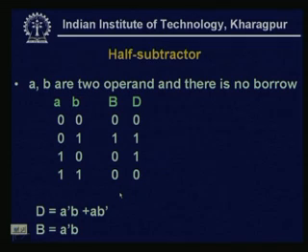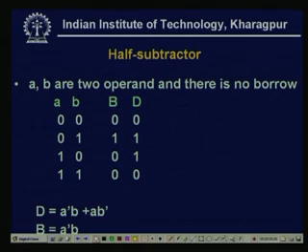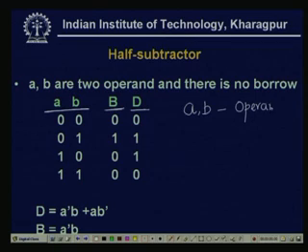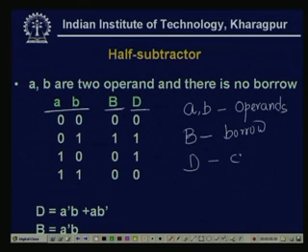So, what we have just now read, if I write it in truth table form, A and B are the 2 operands, B is the borrow and D is the difference that we want to compute.